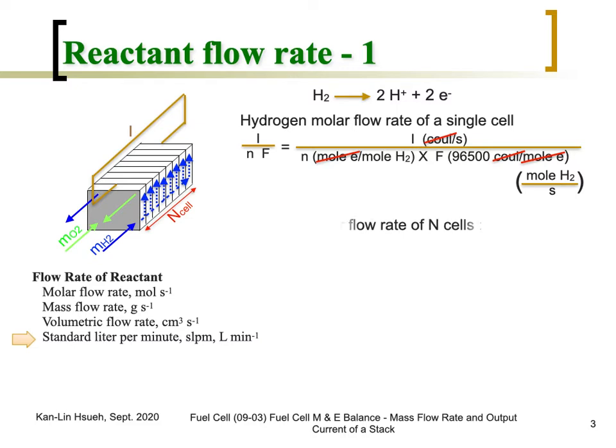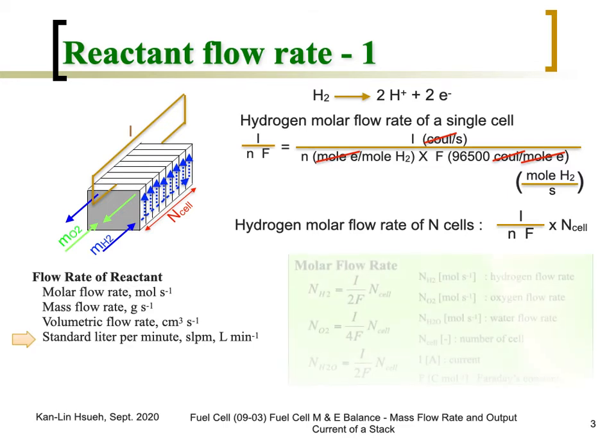So for the hydrogen flow rate for a stack with N cells, you need to multiply by the number of cells, N cell, in the formula. You will then know how much hydrogen is required for a stack.